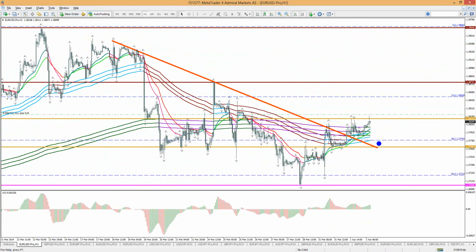But prices on the hourly are still very mixed up here and very flat. So if you're looking to take, let's say, a swing trade here, you might definitely want to be careful because the moving averages are flat on the hourly. And if that is so, we might be in for some volatility within today.